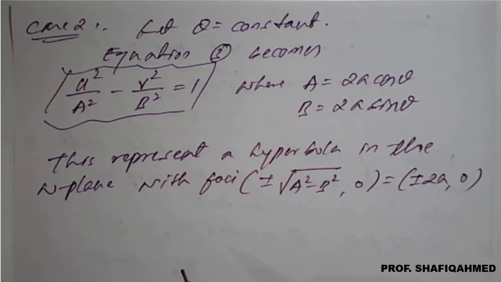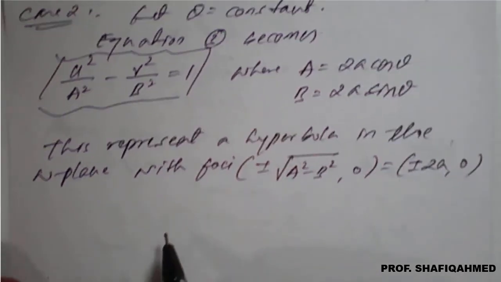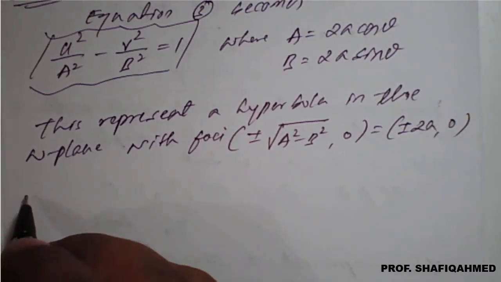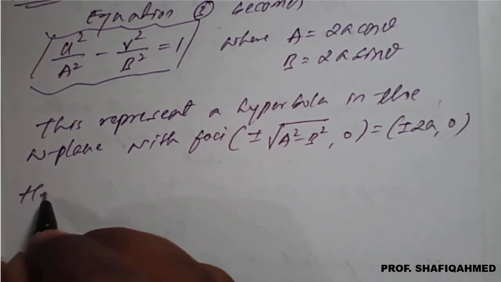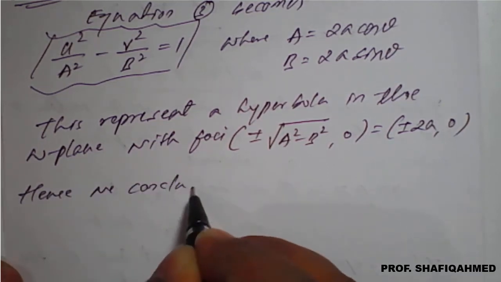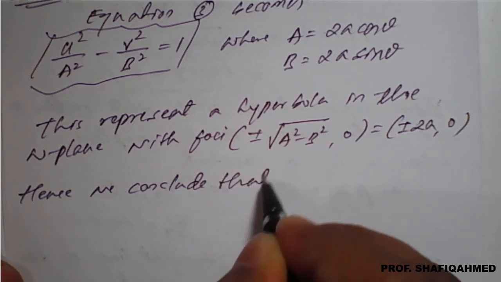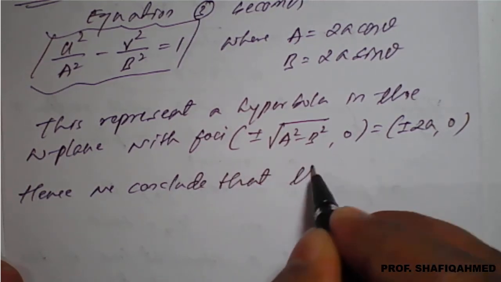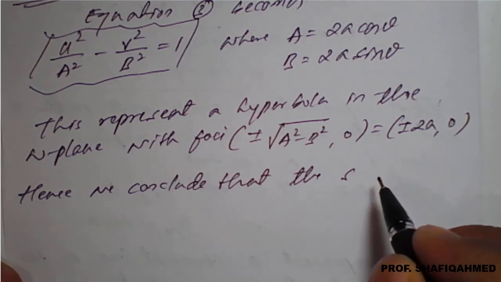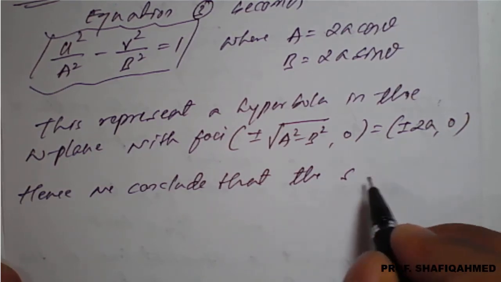Now, as we know, here we can conclude that, hence we conclude that the straight line, because theta, that is tan of y by x equal to tan theta, is a straight line.